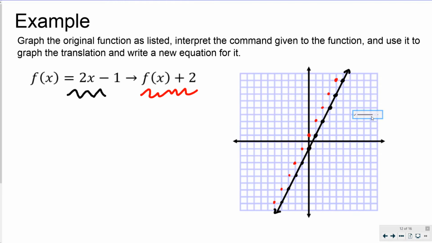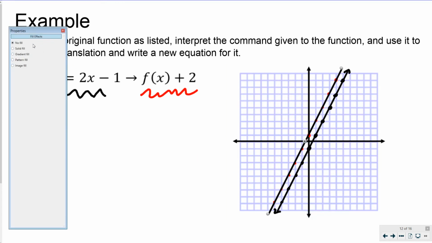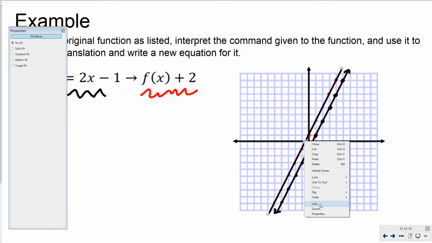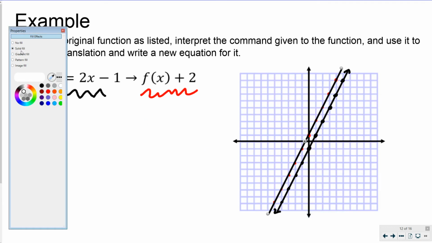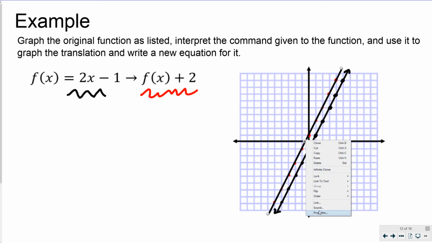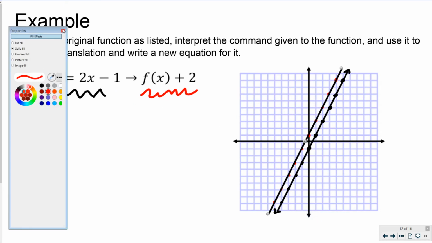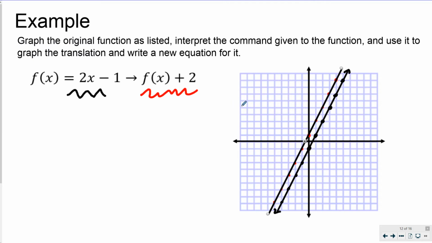So I first need to use a black line through it, and I'm going to change its properties to be red. So just give me a second. Properties. That is definitely not what I clicked. Interesting. I'm struggling. Well, I can't seem to get this to graph in red, but that's okay.